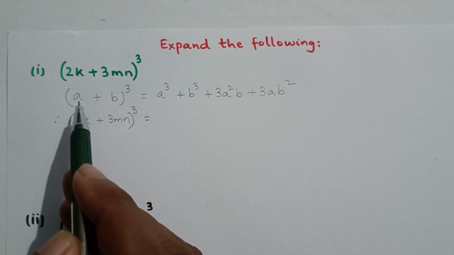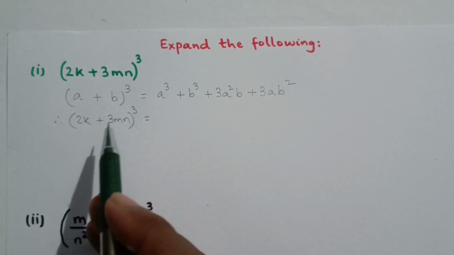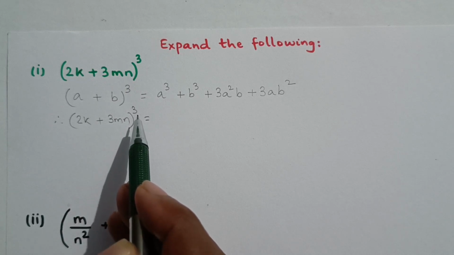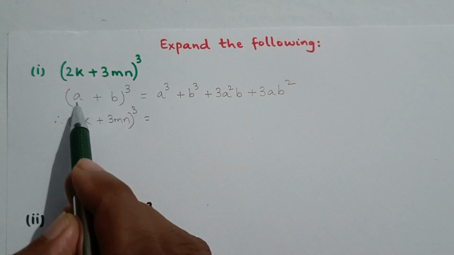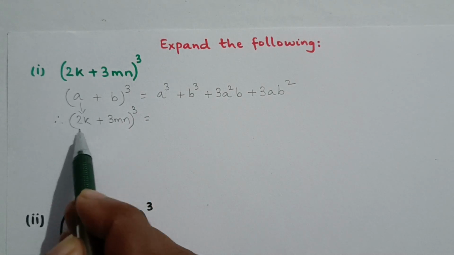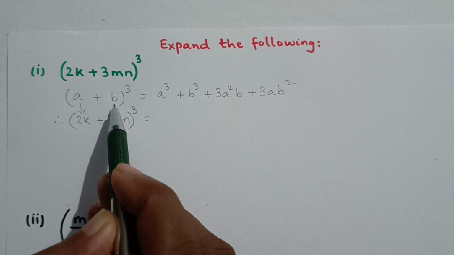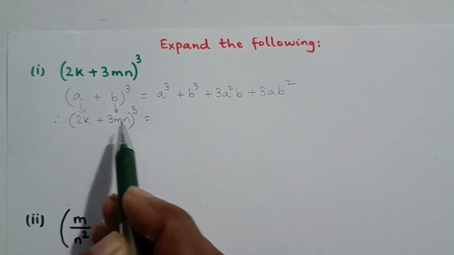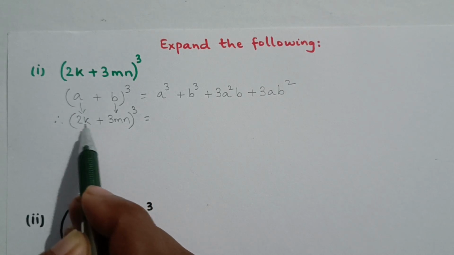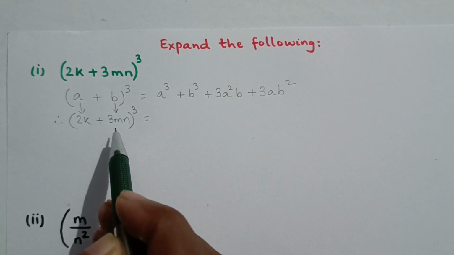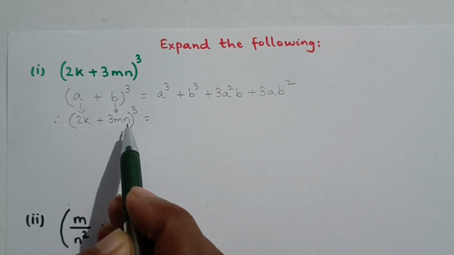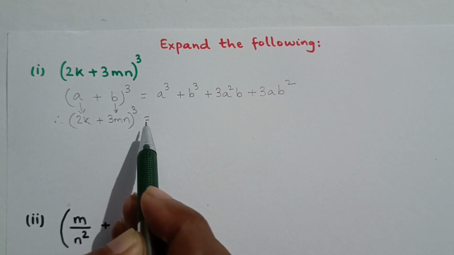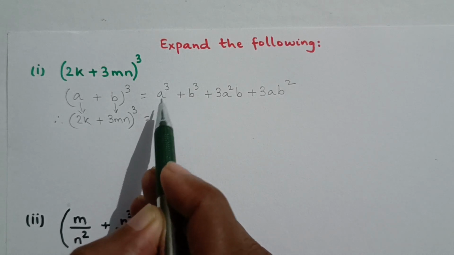Now if I compare a plus b whole cube with 2k plus 3mn whole cube, here a corresponds to 2k and b corresponds to 3mn. So therefore 2k plus 3mn whole cube is now a cube.